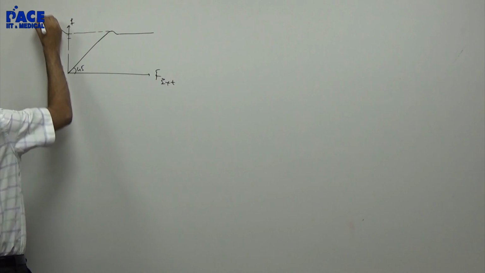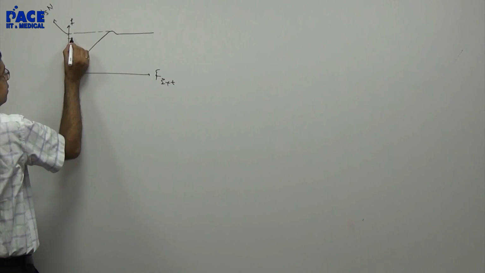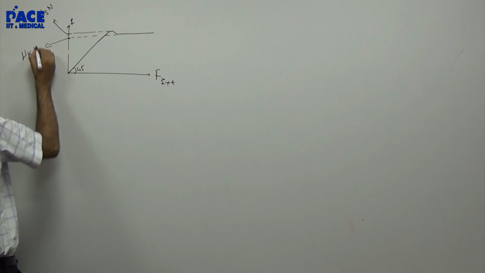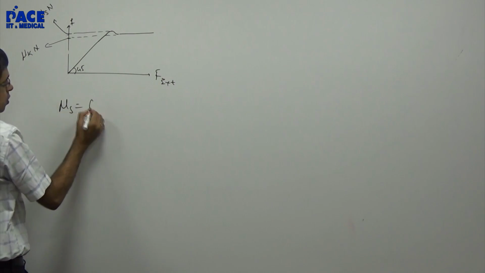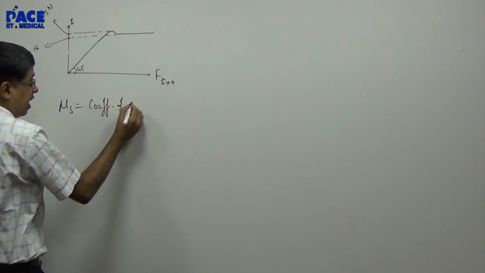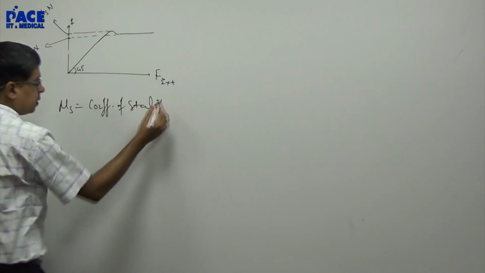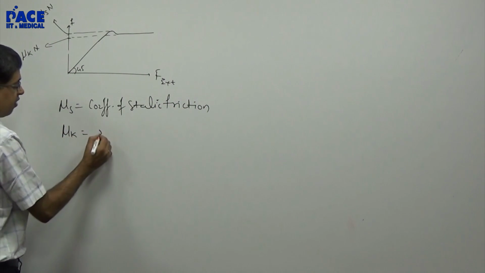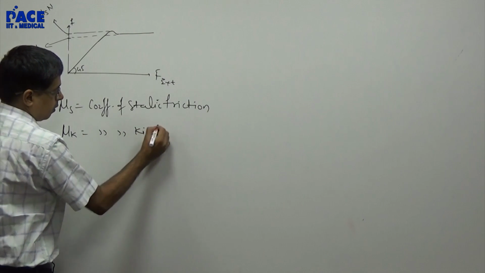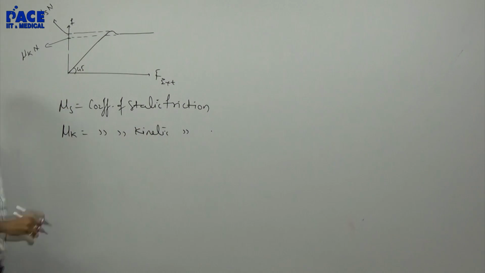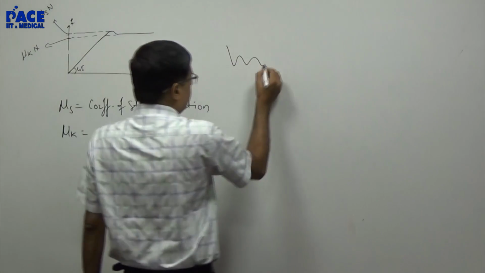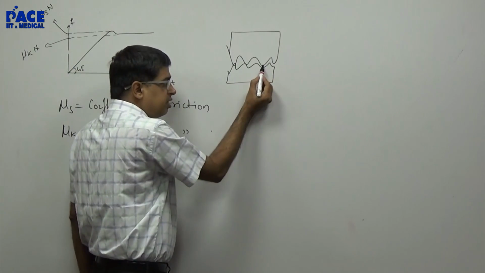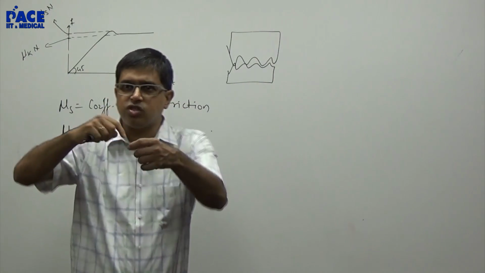This value will be mu s into n. This value will be mu k into n. What is this? Mu s is coefficient of static friction. Mu k is coefficient of kinetic friction. What is the difference between the two? You told me when there is interlocking between the surfaces, initially this interlocking of the surfaces will be stable.